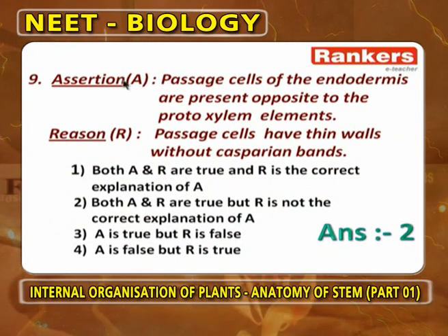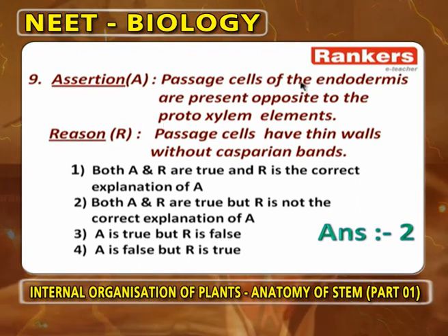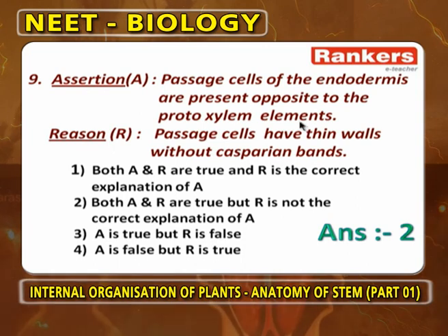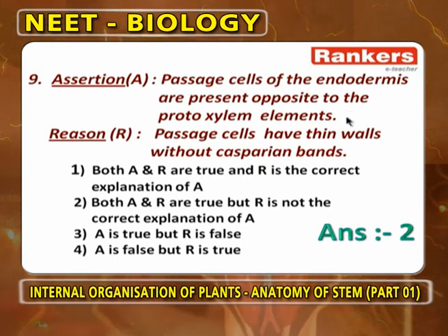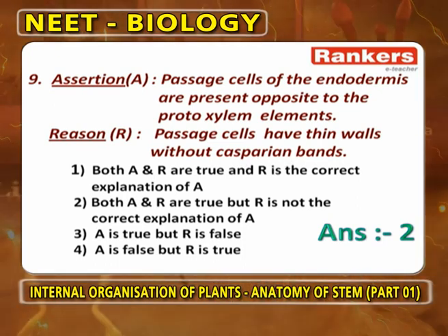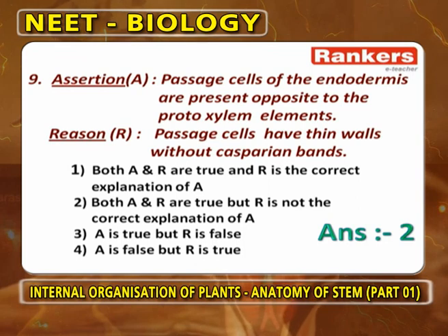This is an assertion reason. Passage cells of the endodermis are present opposite to the protoxylem elements. Passage cells have thin walls without Casparian bands. The statement that passage cells of the endodermis are present opposite to the protoxylem elements is correct.